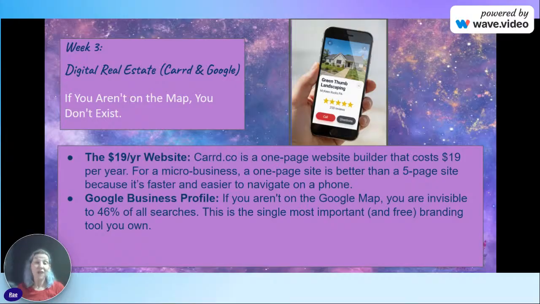And you can do both of these things for less than $20 on a Saturday afternoon. Digital real estate. Claim it, optimize it, own it. Because if you're not top of the map, then you don't even exist. And I need you to exist.